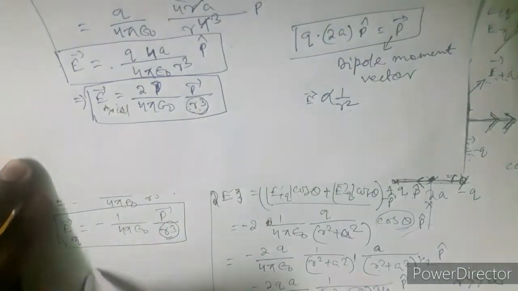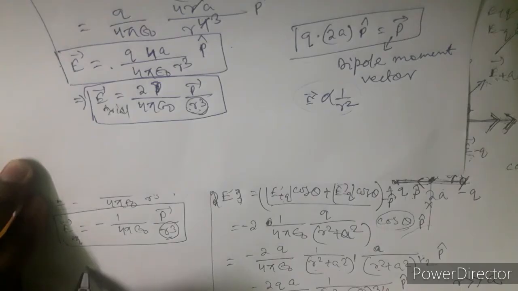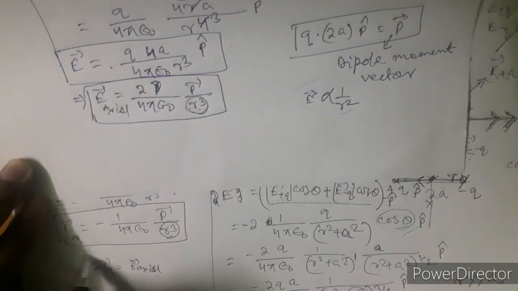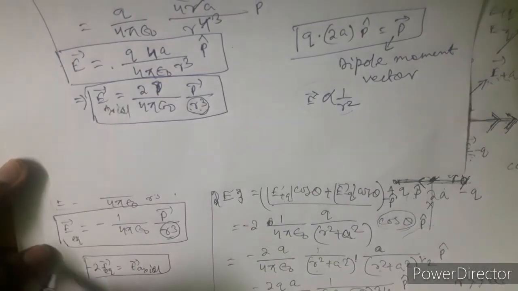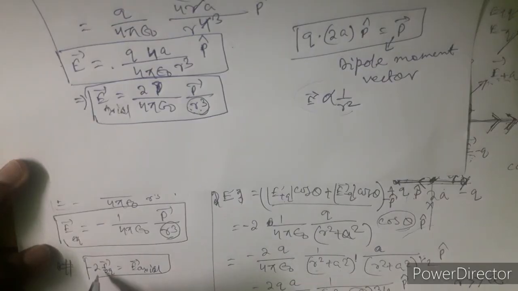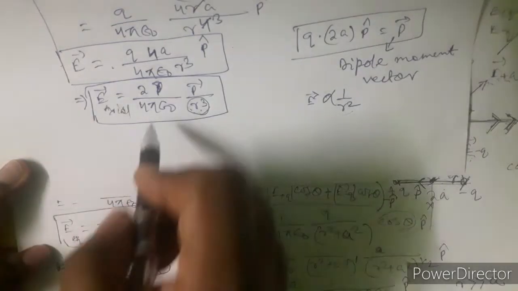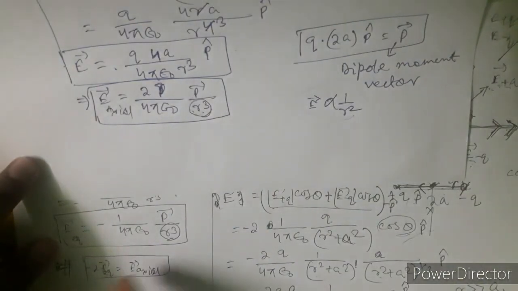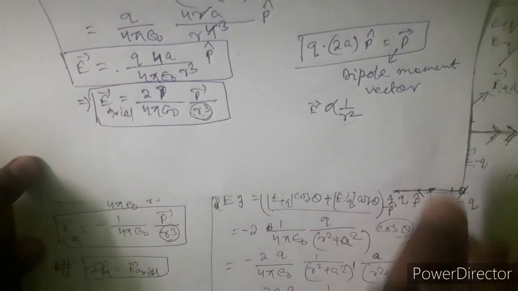In other terms, -2 times E equatorial is equal to E axial. This is just a relation between them, nothing else.